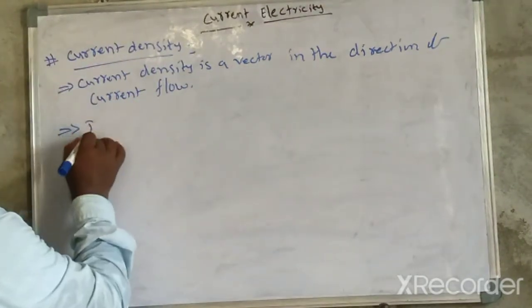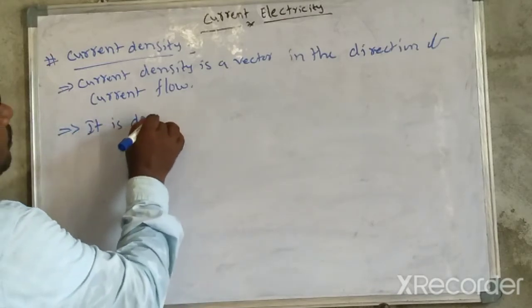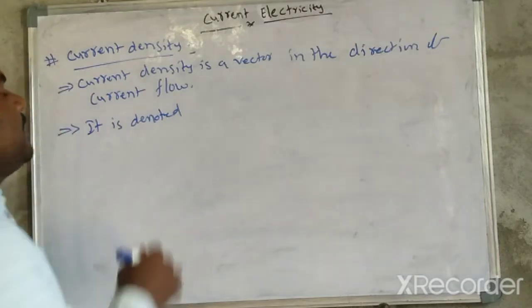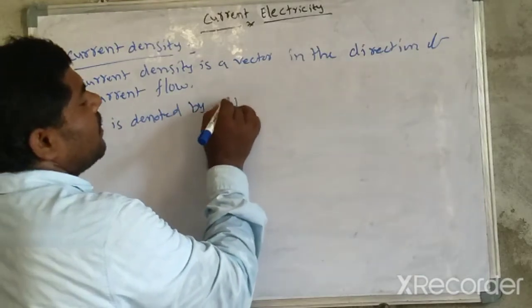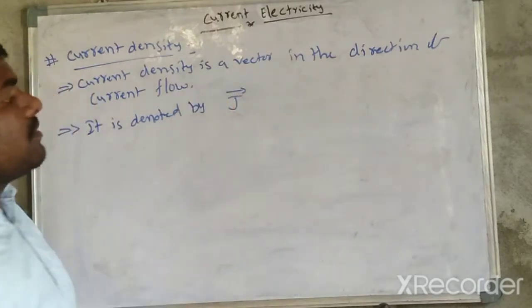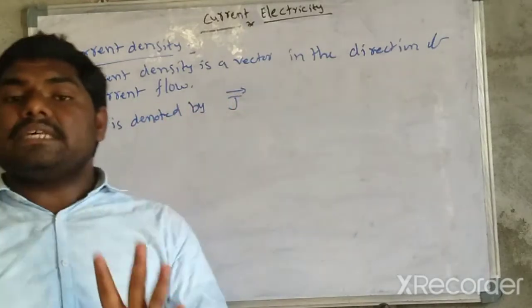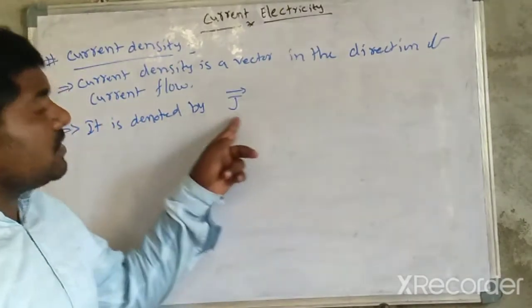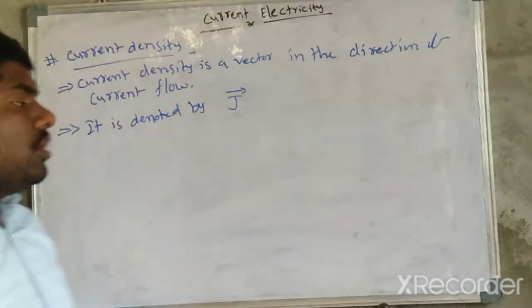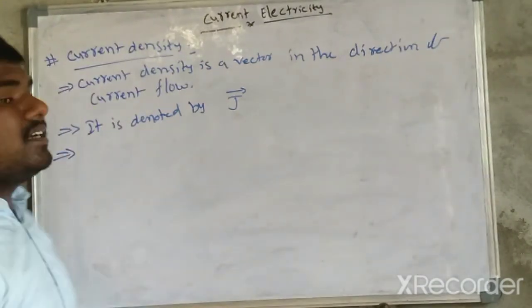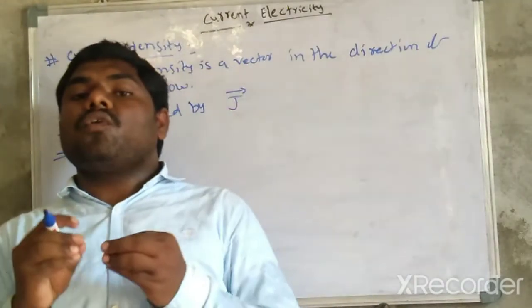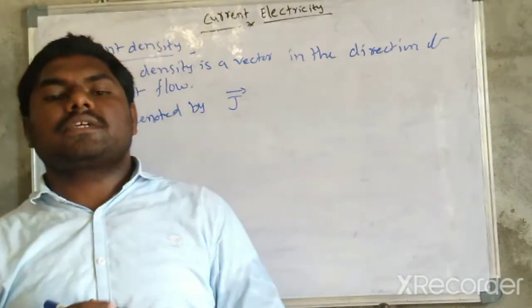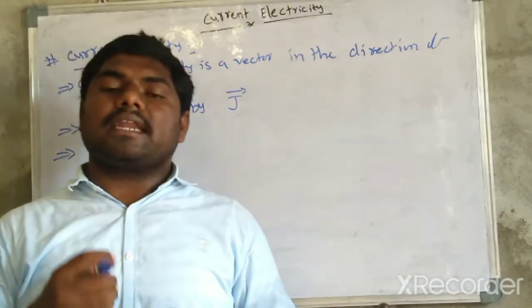J bar is a vector quantity. Please remember, current is a scalar quantity and current density is a vector quantity. Current density is the current flowing per unit cross sectional area of a conductor. What is meant by current density?